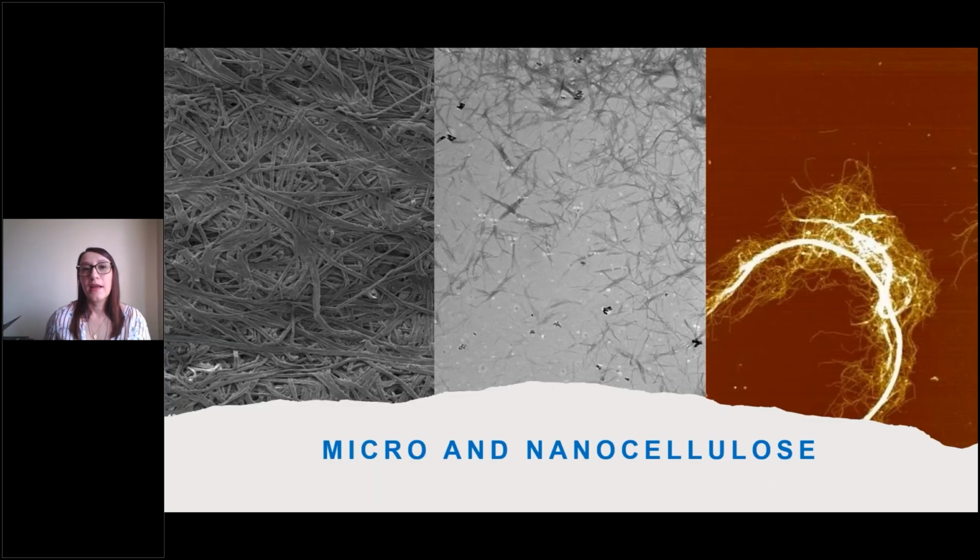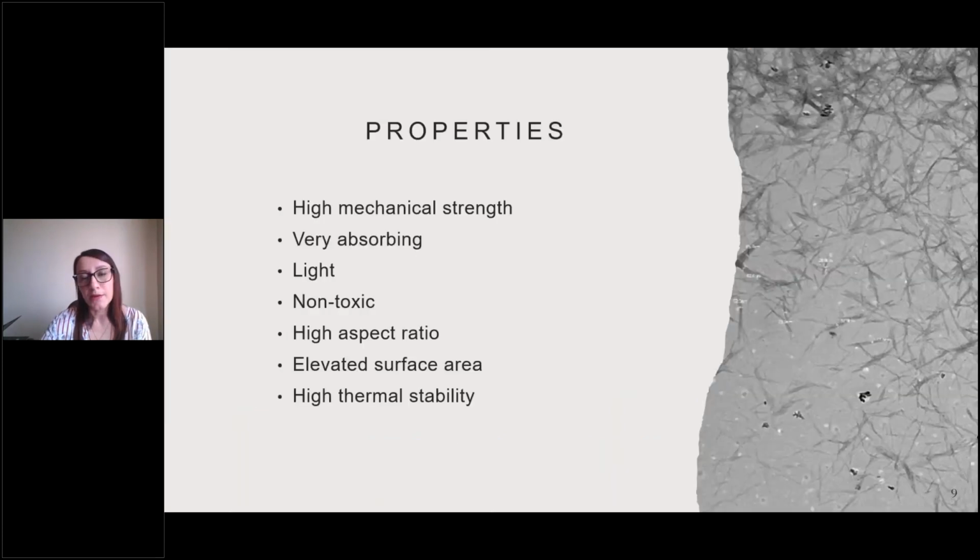We have been extracting micro and nanocellulose and trying to find some applications for those materials. Micro and nanocellulose have some properties like high mechanical strength, very absorbent, light, non-toxic. The fibers have a high aspect ratio, elevated surface area, and high thermal stability.